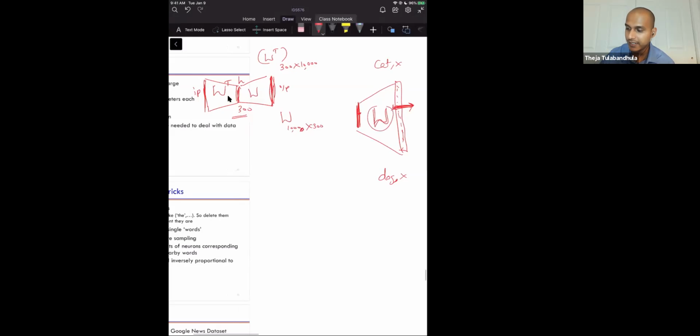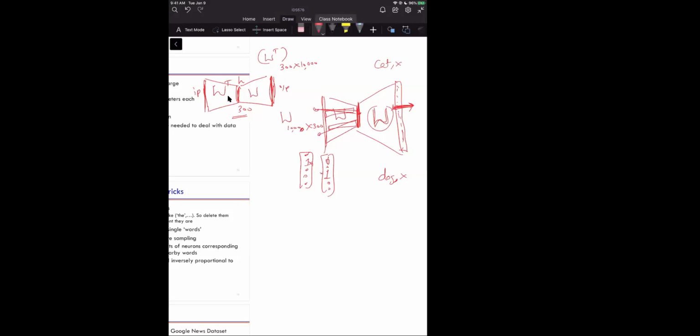And then because the hidden vectors have to be similar to each other, now you go back to the input. We know it's one-hot encoded, if you really think of it as a neural network. Cat has a one somewhere, and dog has a one somewhere else. Both these input transformations have to lead to similar hidden vectors, and W is going to capture that. The rows of W will capture that, and we want them to be similar to each other.